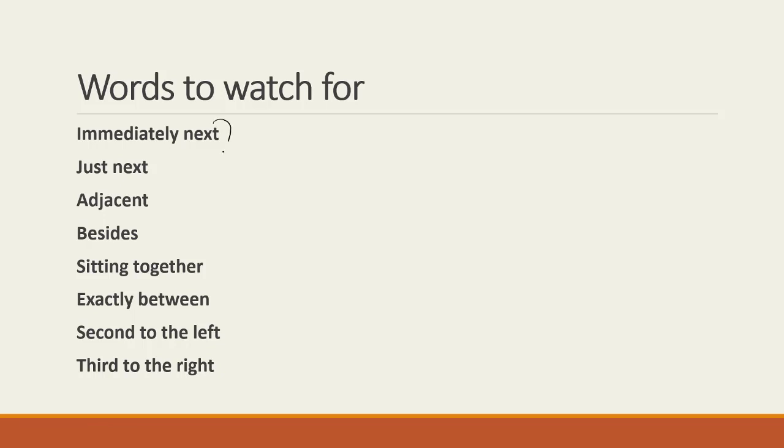All these terms would mean there is no third person between these two persons. So if I say A is sitting immediately next to B, A is sitting just next to B, A is sitting adjacent to B, A is sitting beside B, or A and B are sitting together, all of these rule out the possibility of a third person being in between A and B.